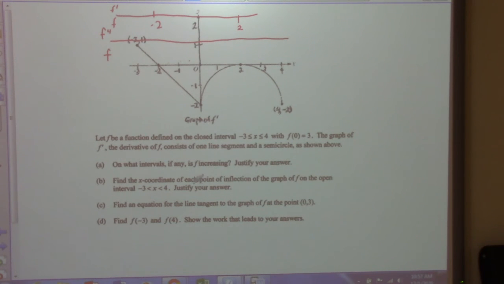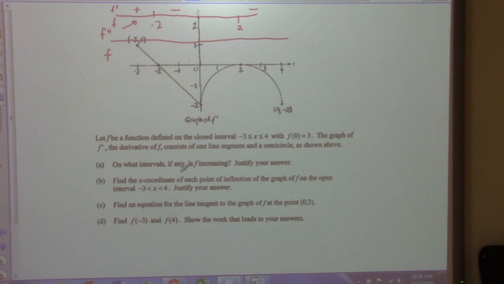So over what interval, if any, is f increasing? What do we see? We see positive, negative, all the way to there, and then negative here, right? So on what interval is the function increasing? From -3, all the way to -2, where the function is defined.